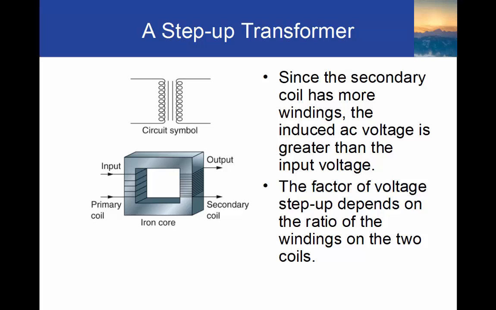Let me turn the page in my textbook, one more page. Basically, it tells you why you step up the voltage. It's so that you have a lower I squared R loss. By stepping up the voltage, you step down the current, and therefore the I squared R loss decreases. And then it continues in the next paragraph.